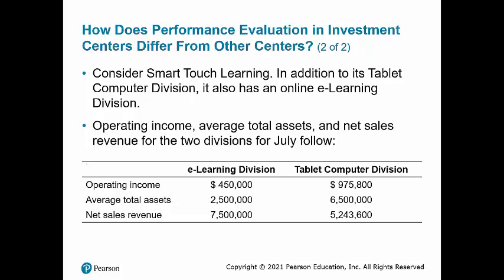The tablet computer division has more assets than does the e-learning division. To adequately evaluate an investment center's financial performance, companies need summary performance measures or KPIs that include both the division's operating income and its assets.